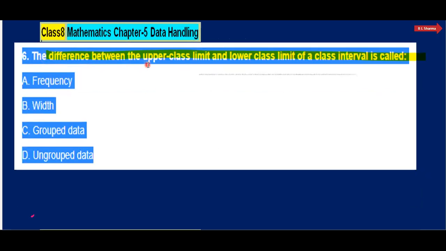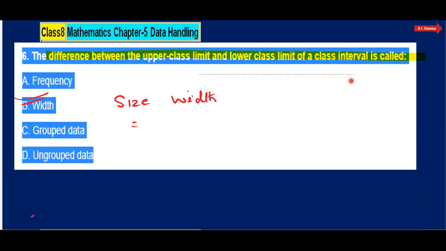Next question, the difference between the upper class limit and lower class limit of a class interval is called class size or class width, or width of the class. So the answer is B, that is width of the class. The difference between the upper class limit and lower class limit is called size of the class or width of the class.